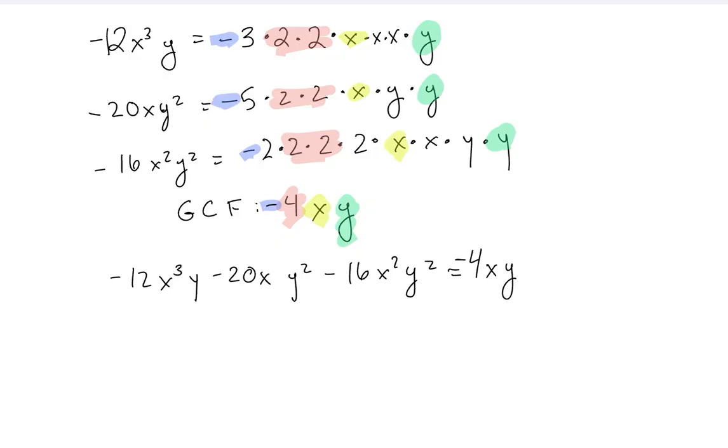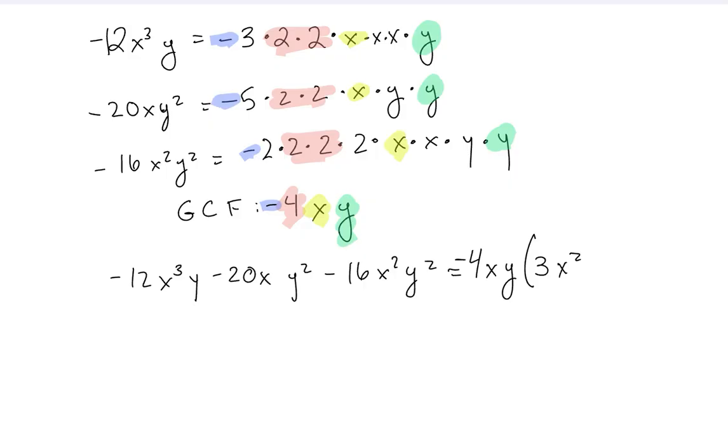So if we deal with it bit by bit, negative 12 divided by negative 4 is simply positive 3. Then we have x to the power of 3 divided by x, which is just going to be x to the power of 2. Y divided by y, there's no y anymore. Woohoo! Because y divided by y is 1.